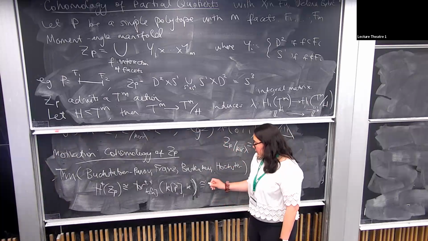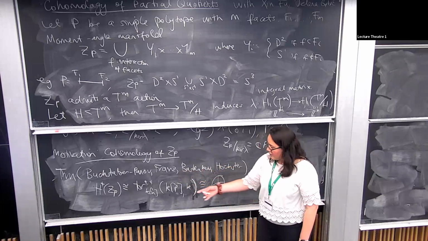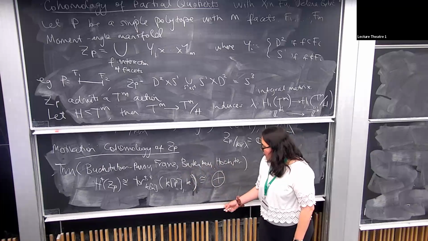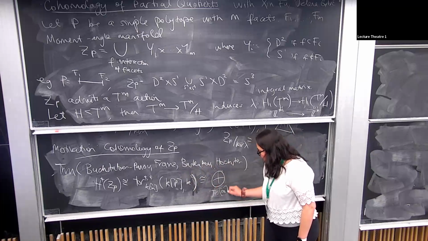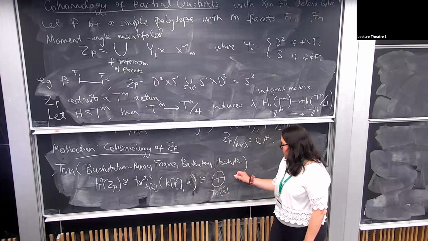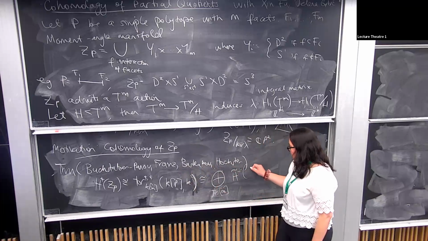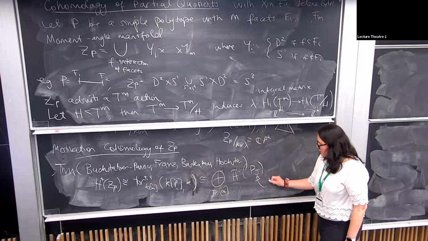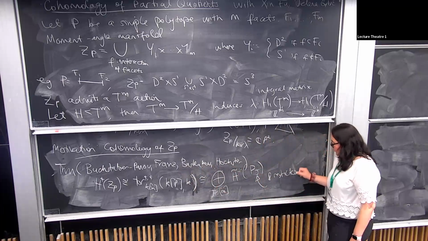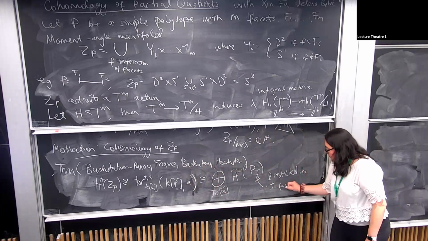So we also have something called Hochster's theorem, which says that this cohomology of a moment angle manifold can be seen as a direct sum over J in [m] of the reduced cohomology of P_J, but by P_J here, I mean P restricted to the J facets.